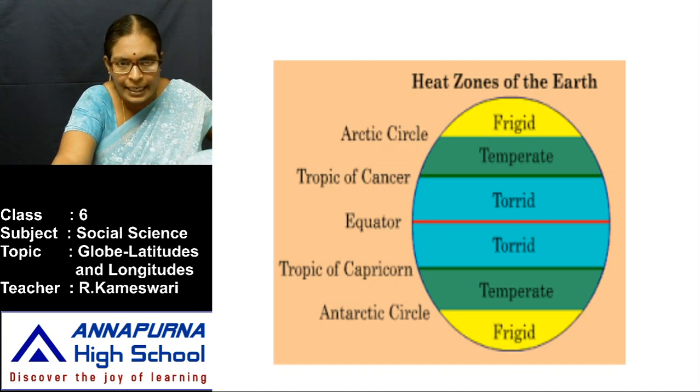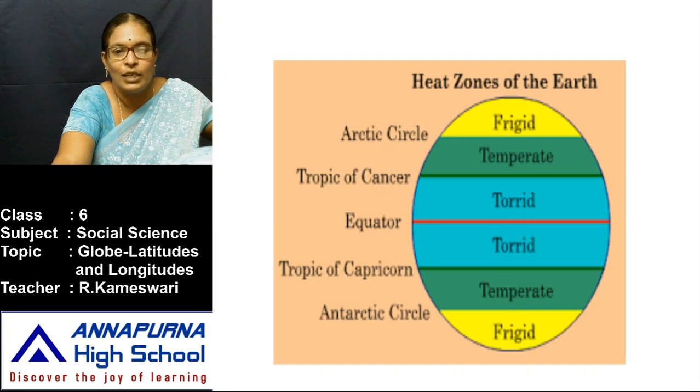Among these three heat zones, people want to live only in the temperate zone. In very hot areas, no one can live happily. At the same time, in the too cool areas also, people do not live happily. That's why people want to live only in temperate zone. Our India is also located in temperate zone. That's why we stand second place in population. So many members are there in our India.